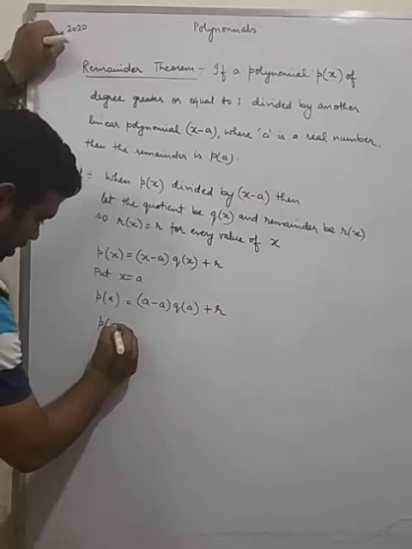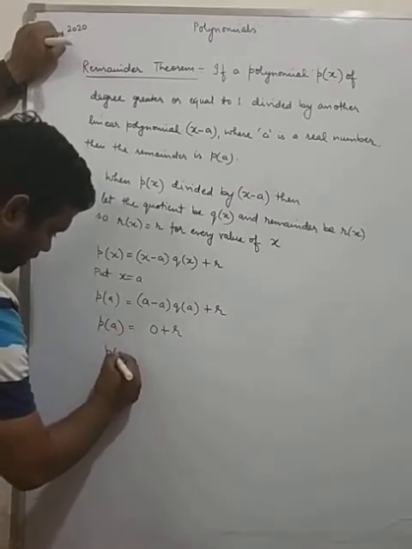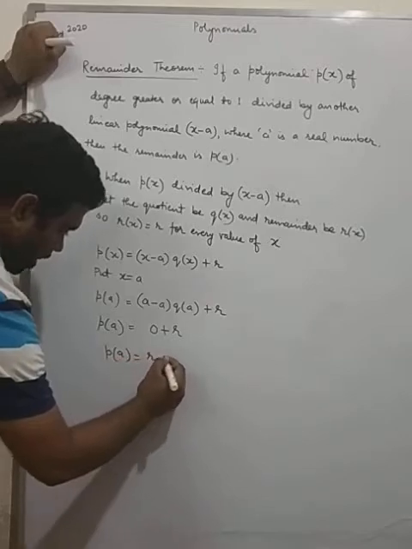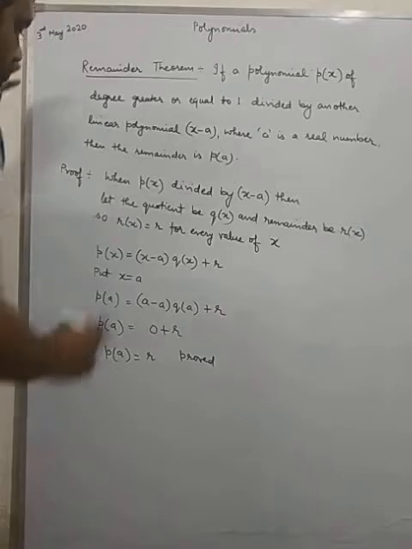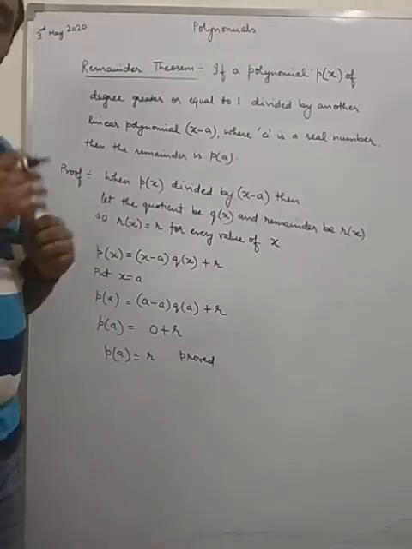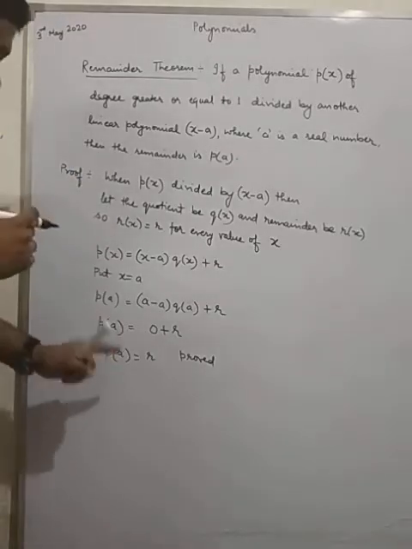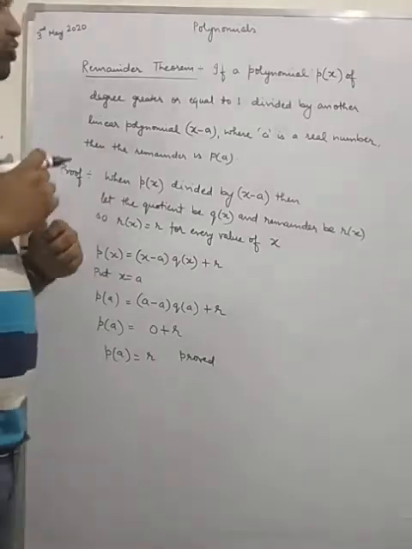So p(a) is equal to 0 plus r, so p(a) is equal to r. Proved. This is the proof of the remainder theorem: when p(x) is divided by x minus a, where a is some real number, the remainder is p(a). This method is used to find the remainder.